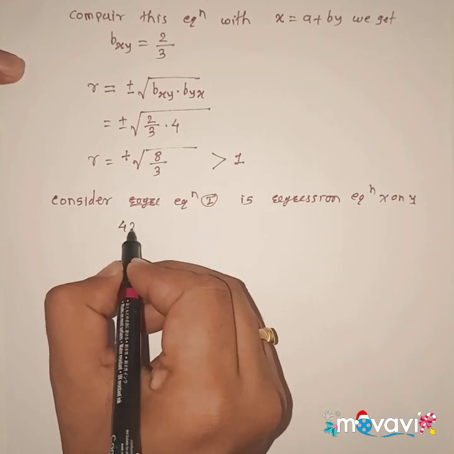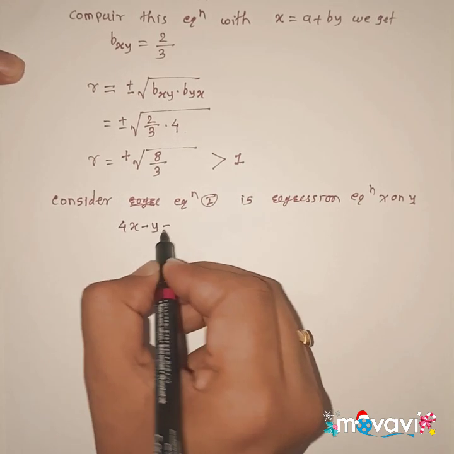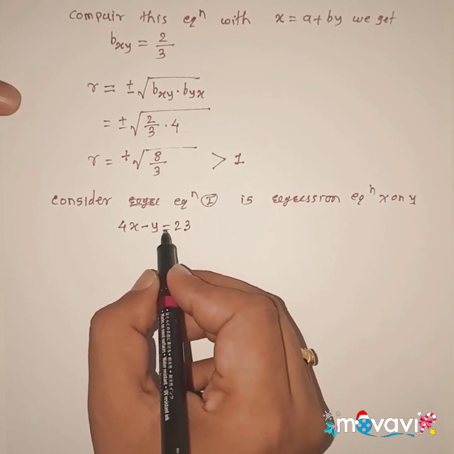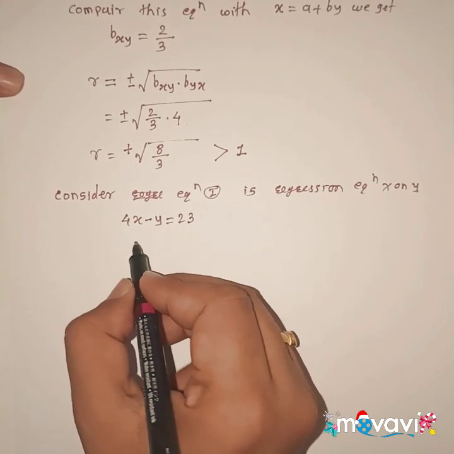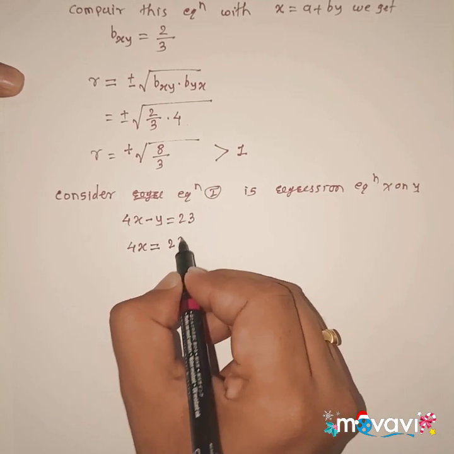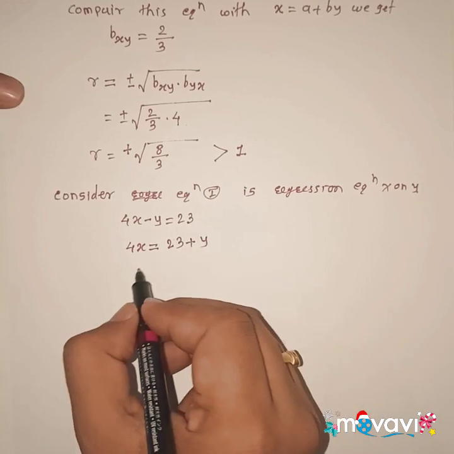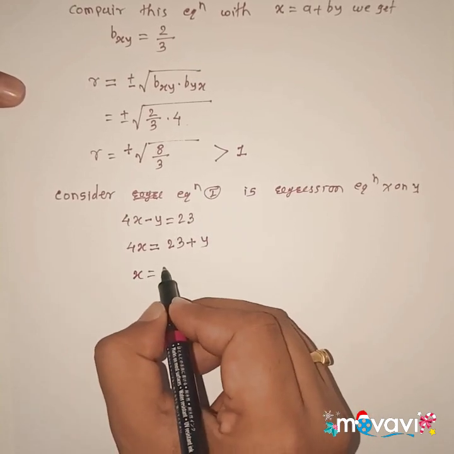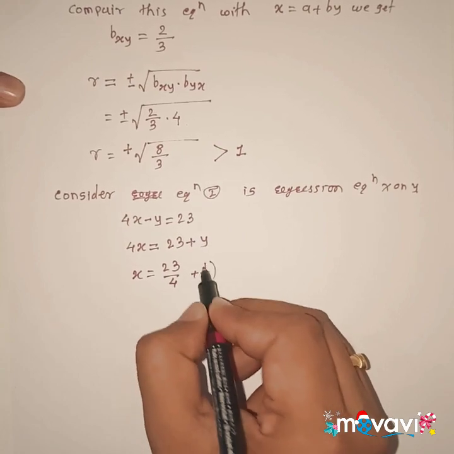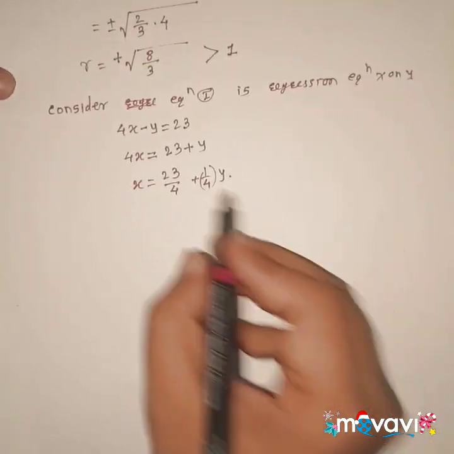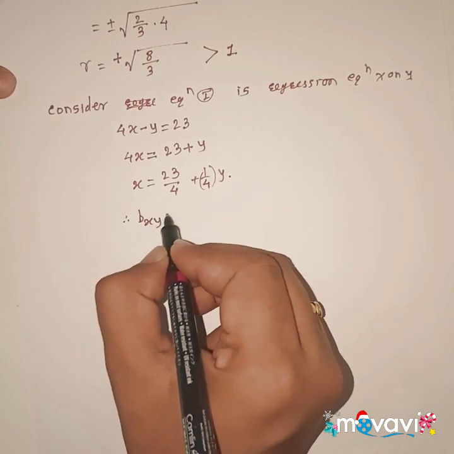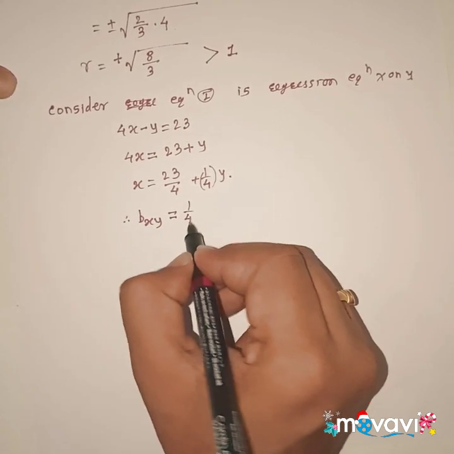So this is our equation number 1. If we consider this as the regression equation x on y, we have to write this equation for x. So x is equal to 23 plus y. So x equal to 23 upon 4 plus 1 upon 4 into y. Therefore Bxy is 1 upon 4.